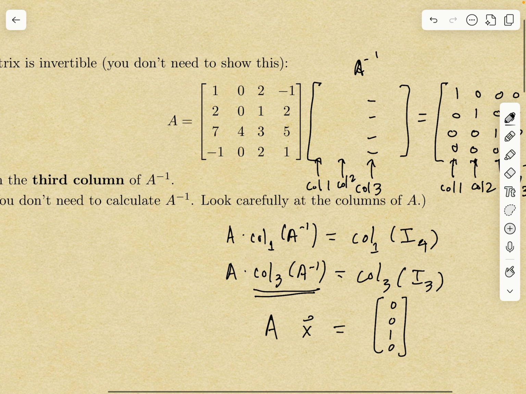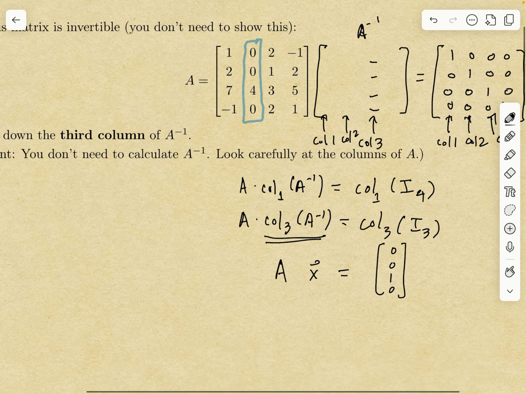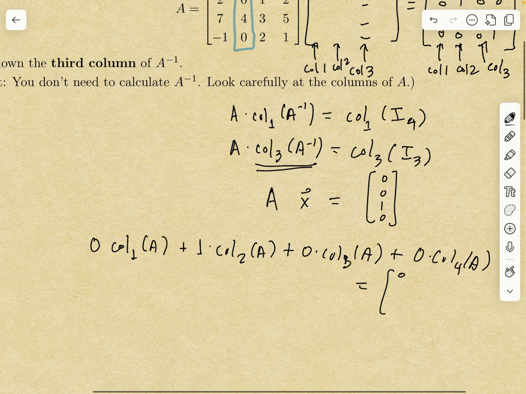Well, if you look at the matrix A, you can see that the second column is 4 times the vector 0, 0, 1, 0. So that means that you can take 0 times column 1 of A plus 1/4 times column 2 of A plus 0 times column 3 of A plus 0 times column 4 of A, which is equal to 0, 0, 1, 0.